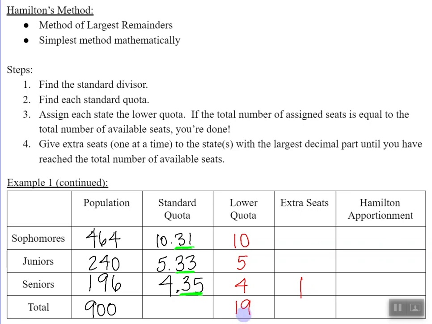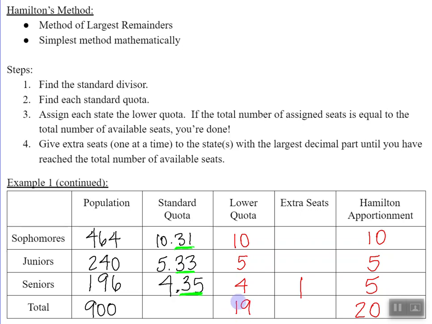We had 19, we needed 20, we added one extra seat, so we should be good. So the sophomores are going to keep their 10 seats, the juniors keep their 5, and the seniors got the 4 plus an extra seat. So now we are at 20 seats total. That's the Hamilton method for apportionment.